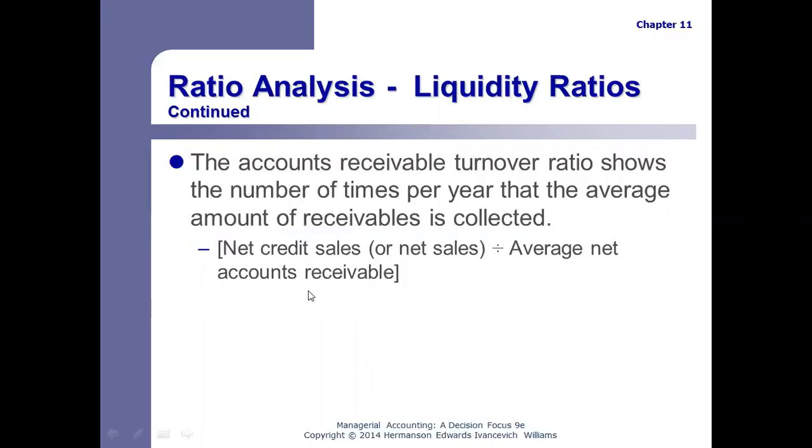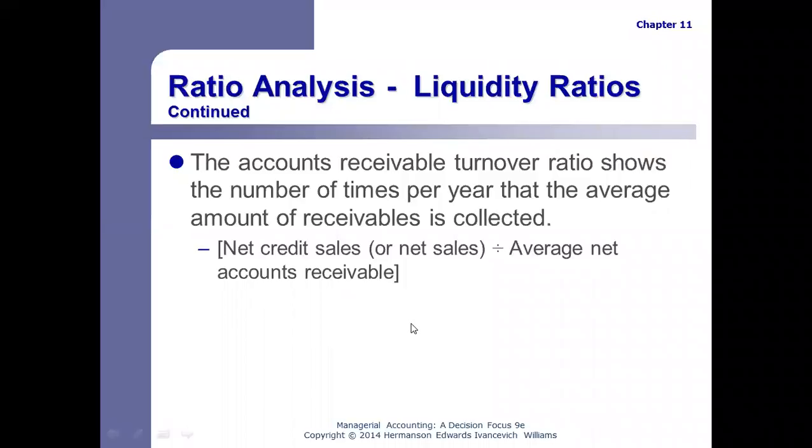Average receivable is the accounts receivable at the beginning of the year plus your accounts receivable at the end of the year. Add those two numbers together, divide by 2. That's your average. And again, that measures how quickly you're collecting your receivables.